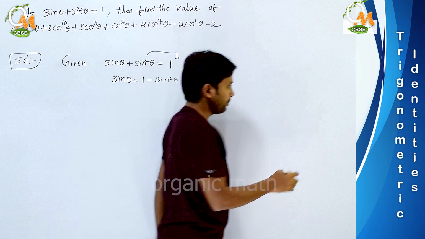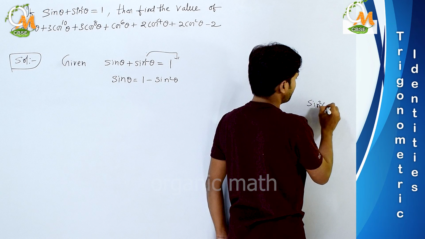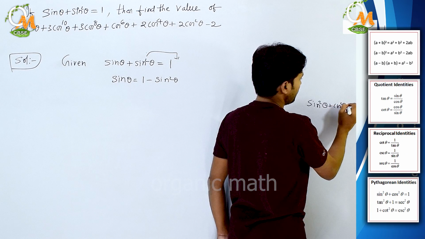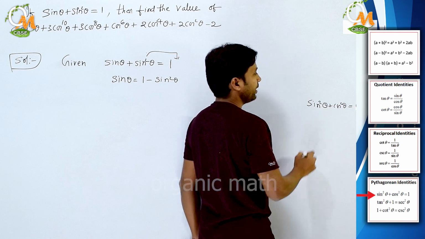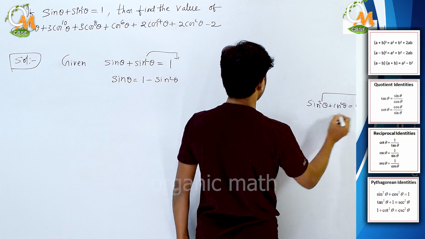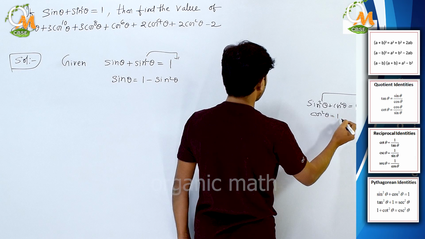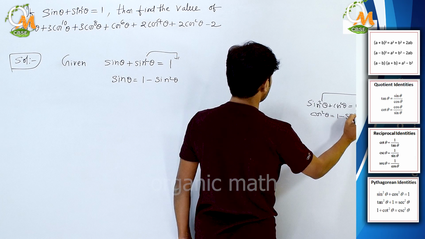And from the basic identity of trigonometry, sin² θ + cos² θ = 1. If you take this sin² θ to the other side of the equation, then cos² θ = 1 − sin² θ.